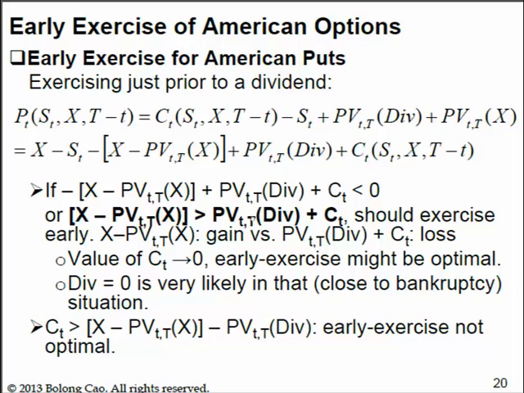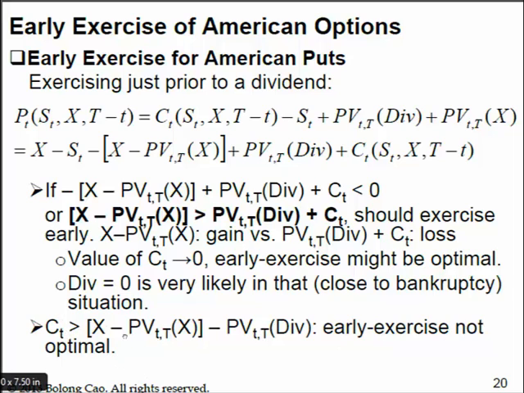So that's the situation when you should exercise your American puts early: the underlying stock is basically zero. However, if on the other hand this call option value is higher than the difference between what you can receive from getting the strike price and what you have to give up for delivering the underlying, that present value of the dividend, then exercising early is not optimal.